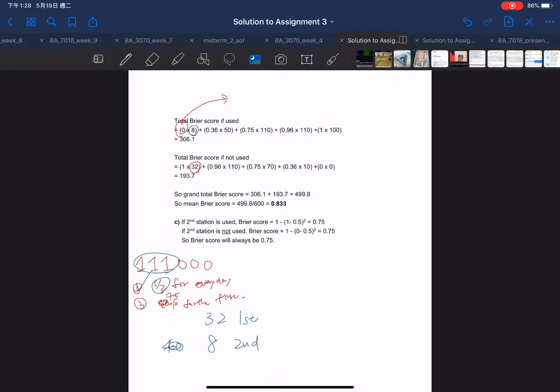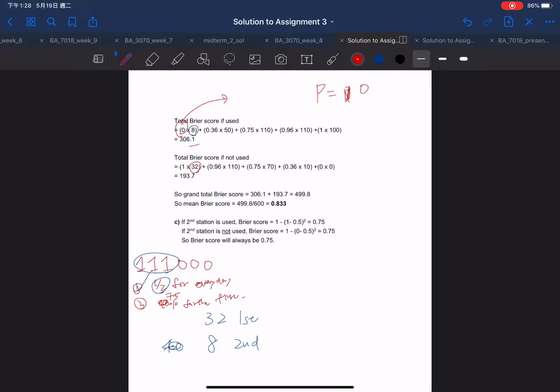What is P? Out of those 40 days, what are the predictions? 0, yes. Does everybody understand what I'm saying? Okay. So out of those 40 days, the prediction was 0.